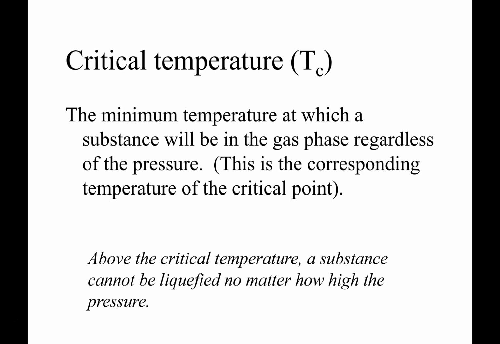Warmer than this temperature, you cannot get it to become a liquid, no matter how you try, because if you increase the pressure, it's not going to go to liquid, it's going to go to supercritical fluid.